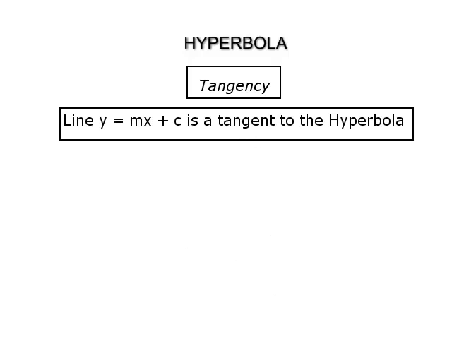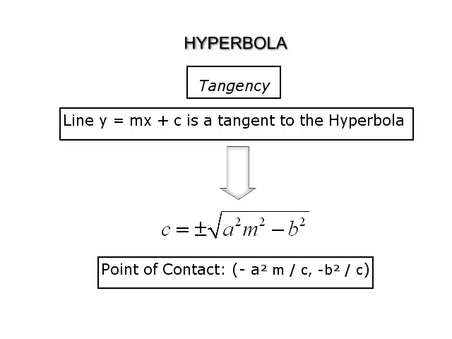The line y equal to mx plus c is tangent to hyperbola if c equal to root of a square m square minus b square or c equal to minus root of a square m square minus b square. If this condition is satisfied, then the point of contact is (minus a square m upon c, minus b square upon c).